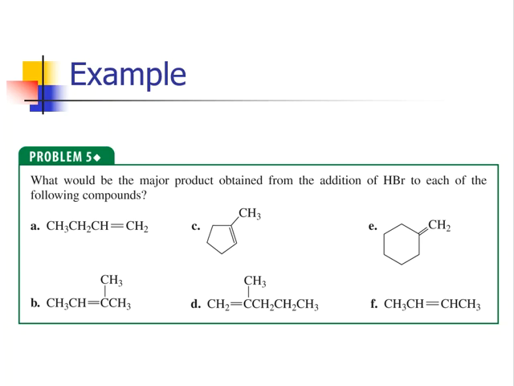Part A, I'm looking at this double bond, and I know that that double bond is going to break, and I'm going to have a side of attachment here and a side of attachment there. All right, so Markovnikov's rule says hydrogens play with other hydrogens. Clicky. All right, so here's the hydrogen, and that comes in first.